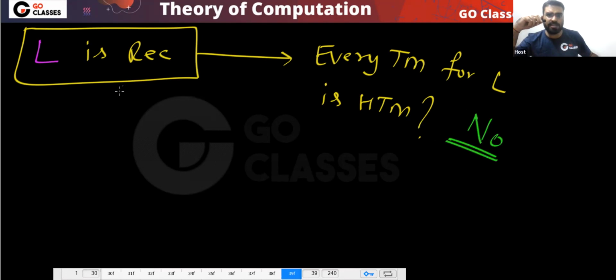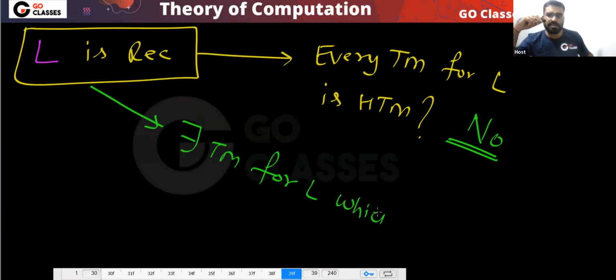No. Then what does it mean? It means there exists a Turing machine for L which is a halting Turing machine. Yes or no? Is this clear or not?